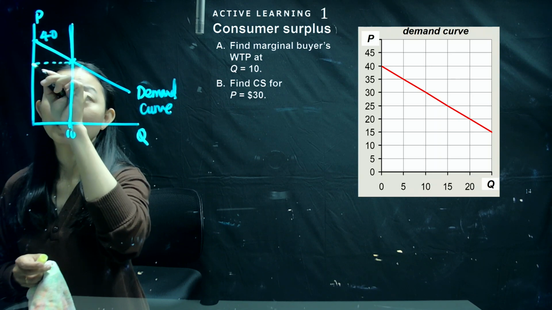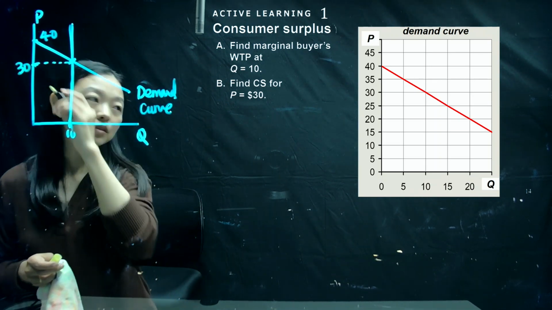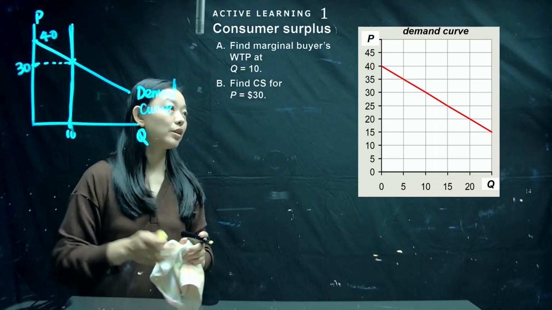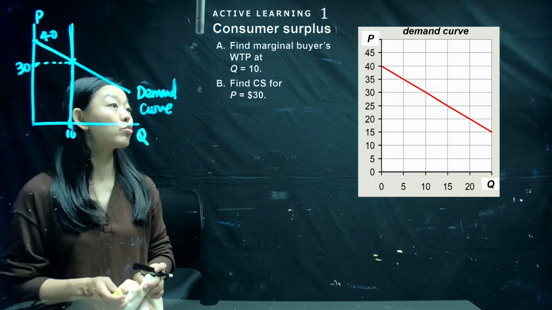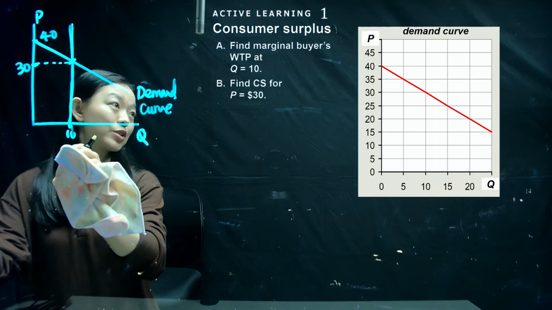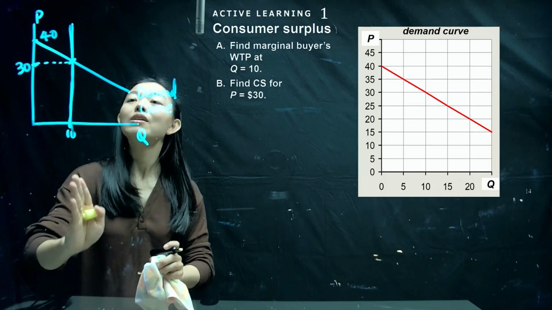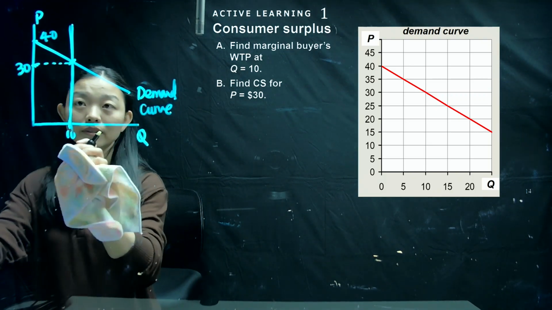From this point, the price will equal $30. Okay, so $30 will be the marginal buyer's willingness to pay when quantity equals 10. Now, from this part, we have solved the first question. Okay, remember to draw a vertical line across the quantity equal to 10.